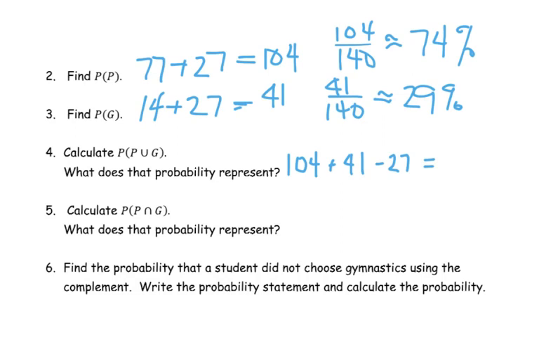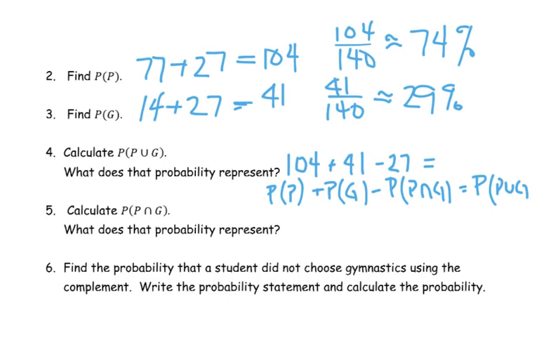So we have to subtract those people, or the intersection, to get the union. So in other words, it's going to be the probability of P plus the probability of G minus the probability of P intersection G to find the union of those two. So that's going to give us 104 plus 41.